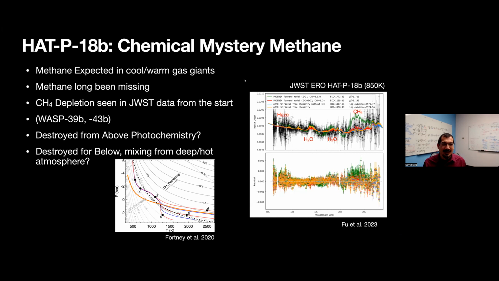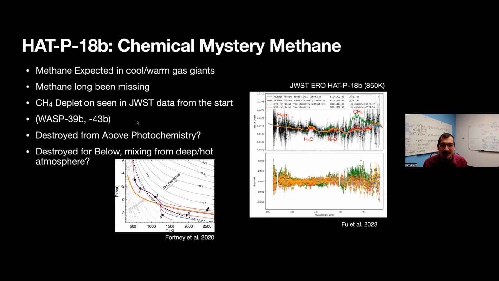So this is sort of in the cool, warm regime, and cool enough that you do start to expect methane in the atmosphere. Methane has long been missing in all of our data pre-JWST, and also in the first data sets seen from JWST.